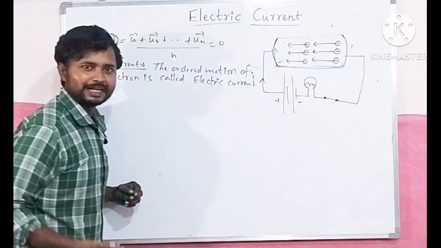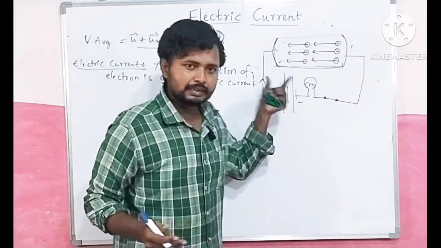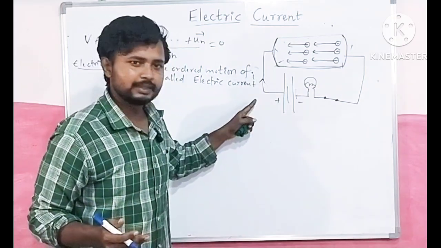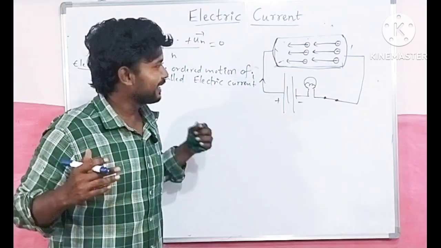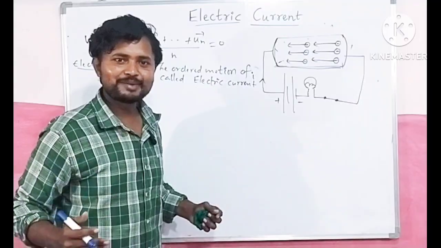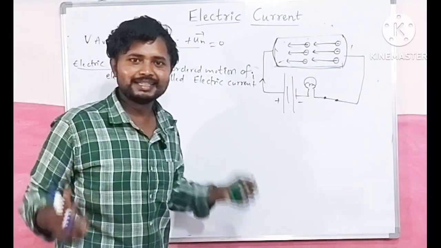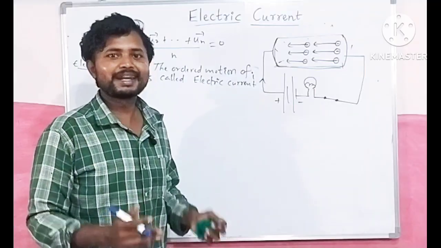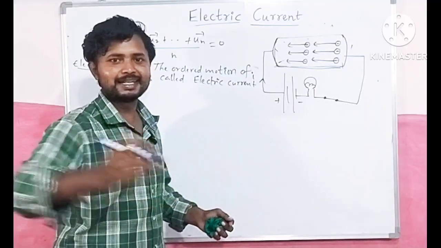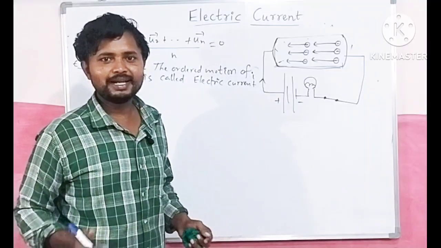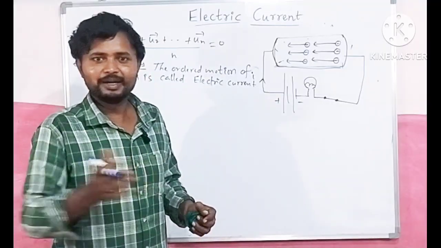If we are not connecting the battery to the conductor, the electrons are moving randomly. For example, if the teacher is not there in the class, the students are moving randomly, in this direction, that direction. When the teacher comes, the students sit properly.